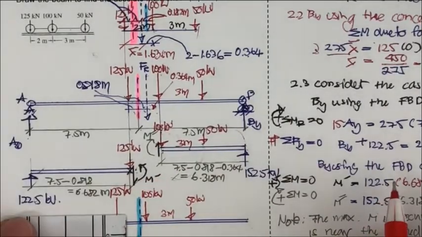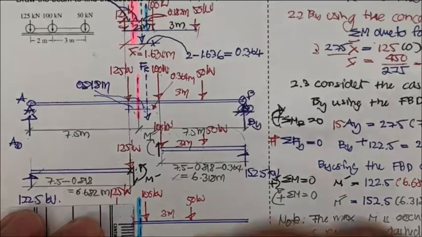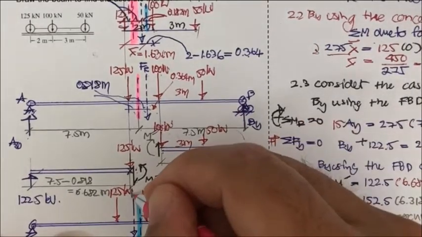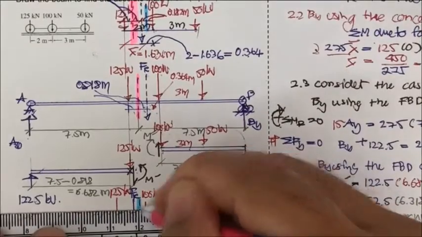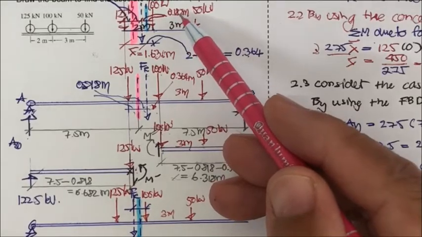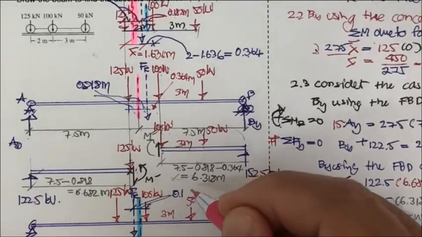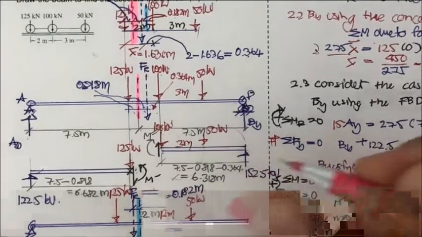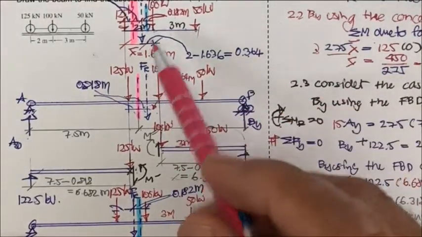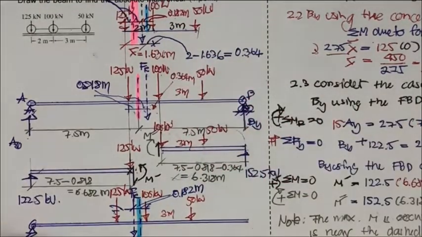Okay, and between this half, you get this one for the F sub R. This is going to be F sub R, and the distance here, you already know, is 0.182 meter. And you also know that the distance here is going to be the x bar. Okay, the x bar is 1.636.